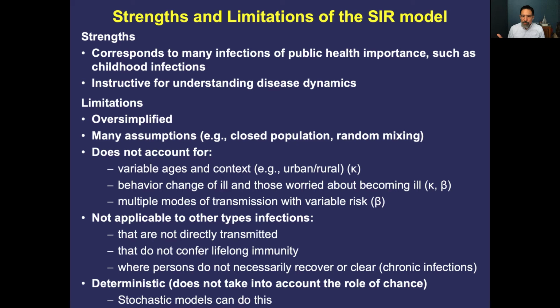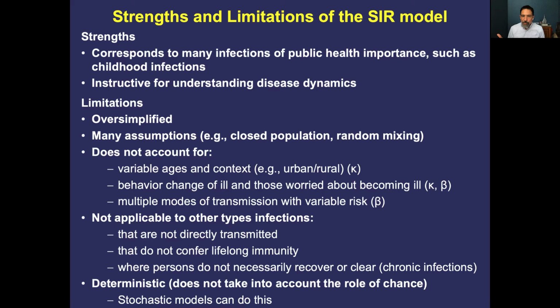But there are some limitations, of course, of many models, in that they're simplifications of reality. So this is a simplified model. It does require many assumptions, which often are not met in the real world.